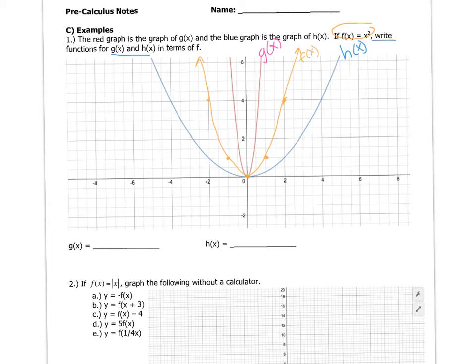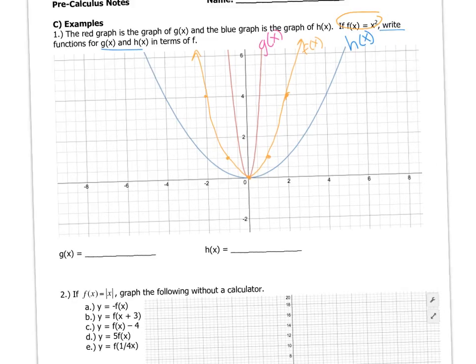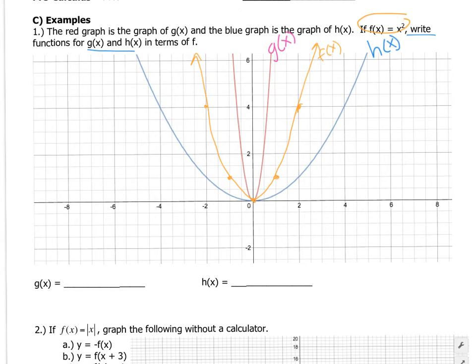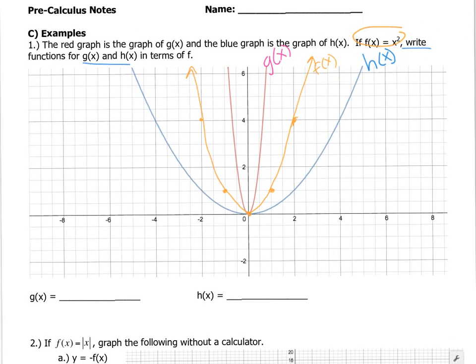Basically what that means is we are going to just use f in the function, and using that f we have to describe the transformations. So let's look at g of x first compared to f of x and see what's happening.